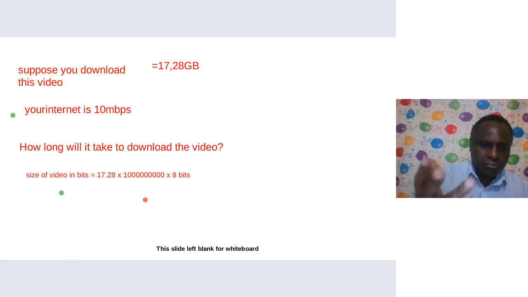I don't know whether you have been able to do the conversion. So this is the time. Time equals this figure, whatever it is.